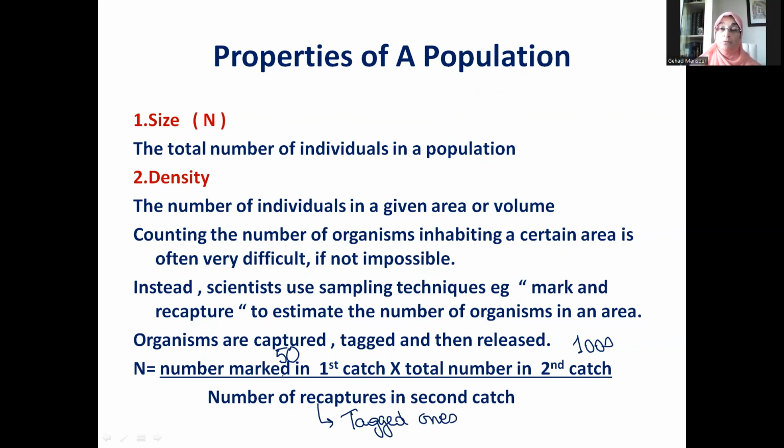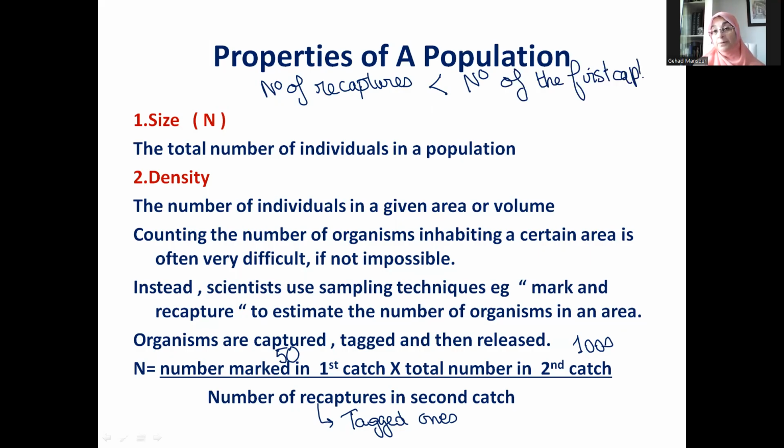How much smaller would it be? This depends on how big the population is. So the number of recaptures is definitely smaller than the number of the first captures, the labeled ones at the beginning.